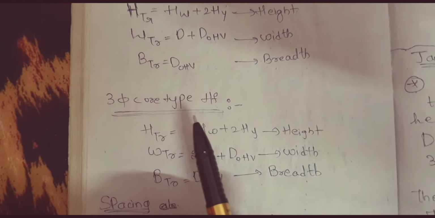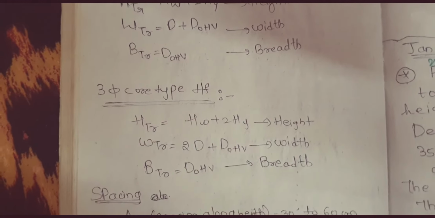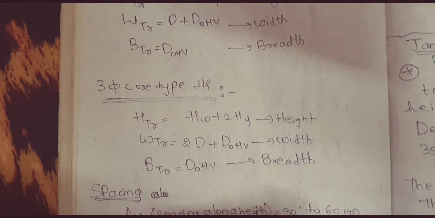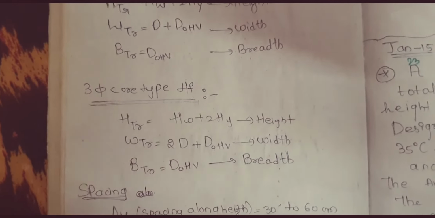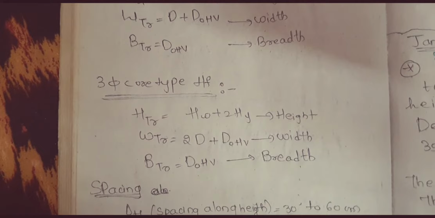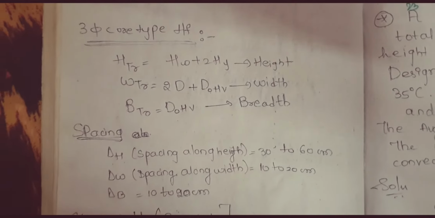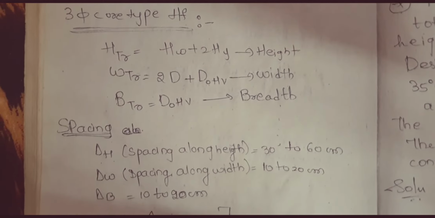Similarly for a 3-phase core type transformer, you can write HTR is equal to HW plus 2HY, WTR is equal to 2D plus DOHV, and BTR is equal to DOHV. Next, spacing.